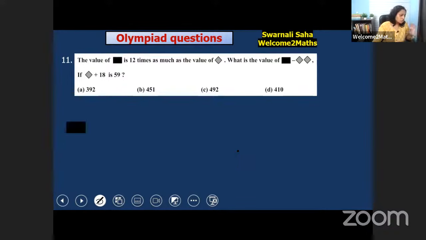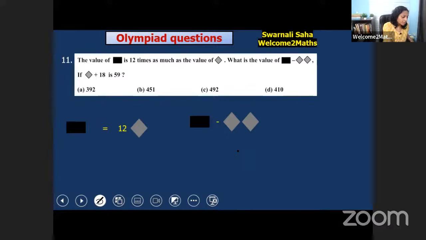So one rectangle is equal to 12 diamond. So 12 diamond I wrote here. Okay, fine. Now the question here is one rectangle minus 2 diamond.